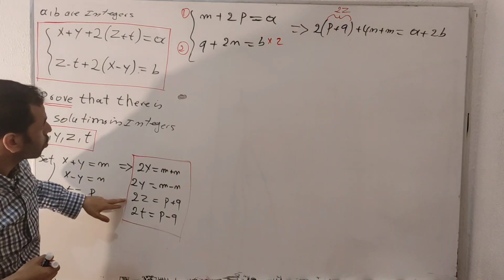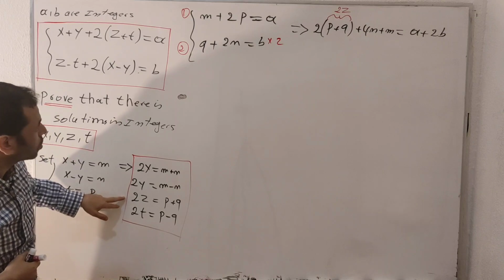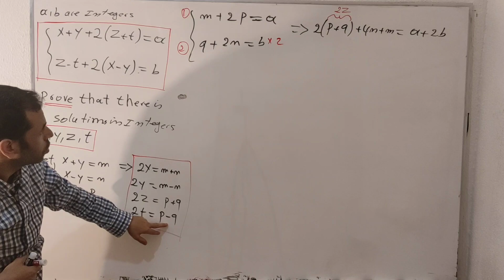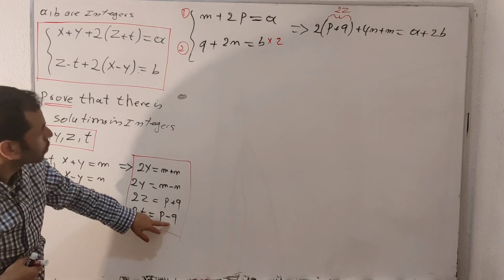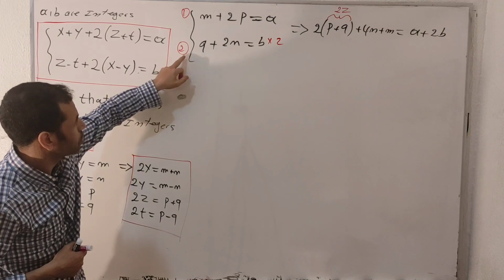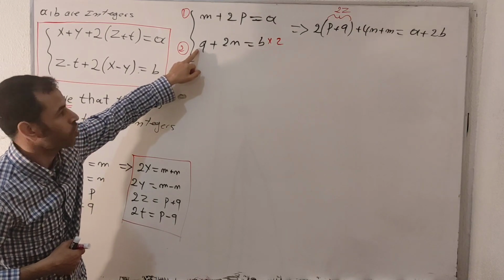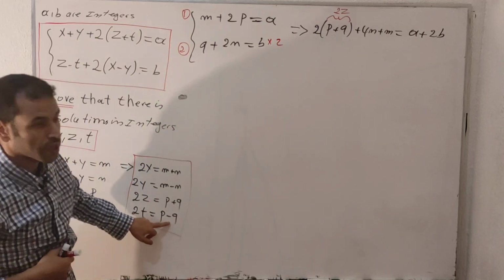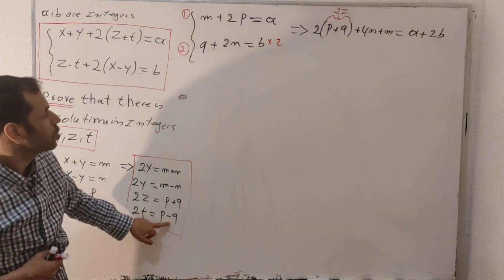Also I'm going to work on the second equation to get p minus q. In order to get p minus q, we have q here, so we are going to multiply the second equation in order to get 2q here. Then we put this equation minus this equation to get a minus sign between these numbers.